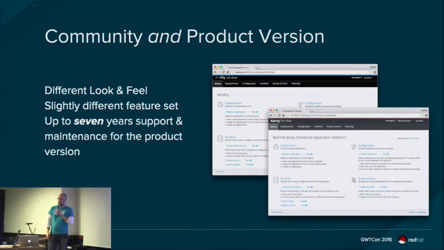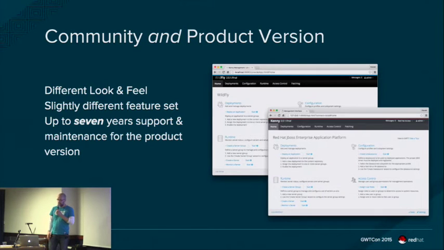Another fact is that we have to provide a community version and a product version. There is a community version which is shipped together with the WildFly application server, and then there is a commercial offering from Red Hat, which is called the JBoss Enterprise Application Platform.